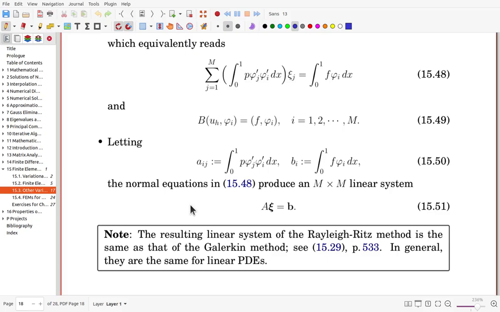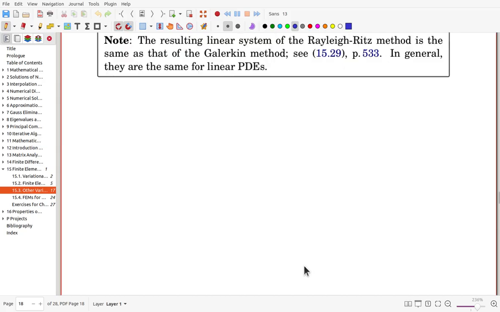However, if we consider a little more general differential equations, then they are not the same. Anyway, here the key point is the Rayleigh-Ritz method is trying to solve the minimization problem.